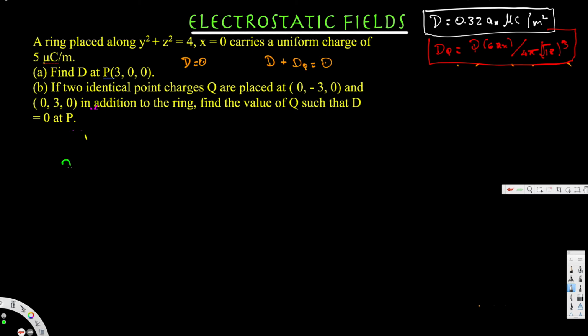Let's go ahead and add them together: 0.32 microcoulomb per meter squared plus Q times 6ax divided by 45 times square root of 18 cubed. The unit is going to be the same, microcoulomb. Let's avoid the units for now.